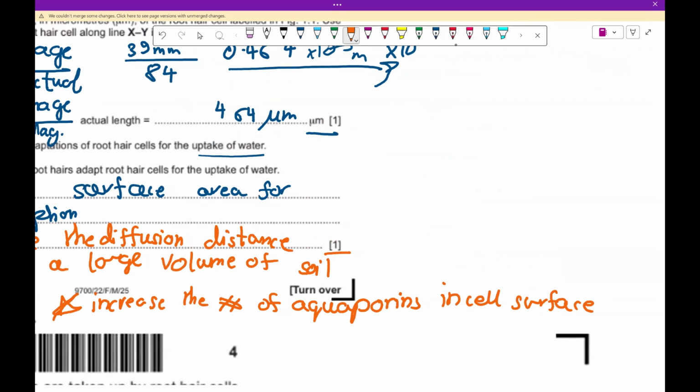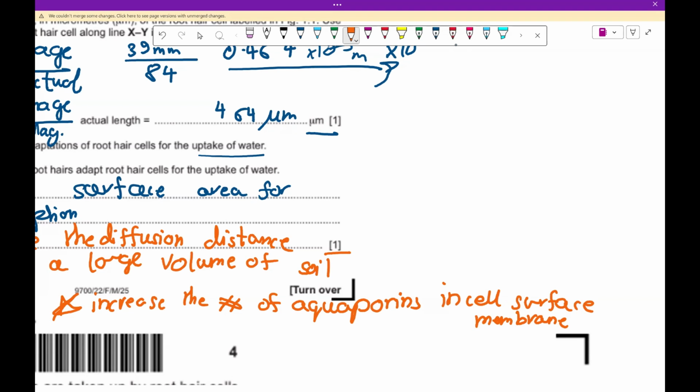Since water is a polar molecule, H2O, it cannot directly diffuse through the cell membrane. Root hair cells need a large volume of water, so there are aquaporins which facilitate the intake of water.